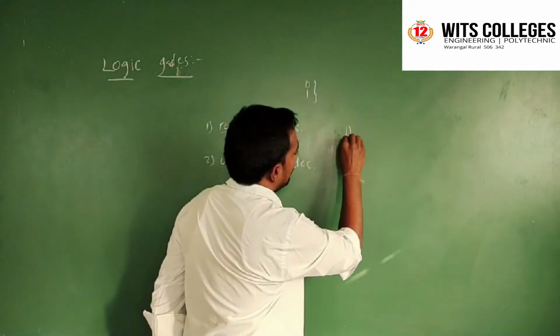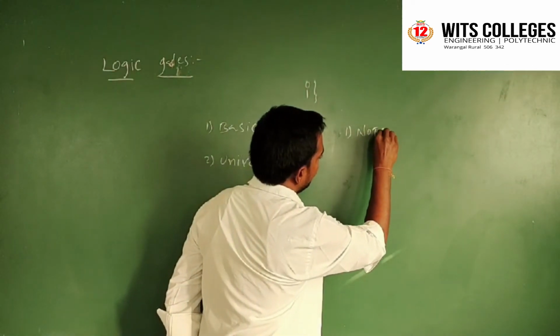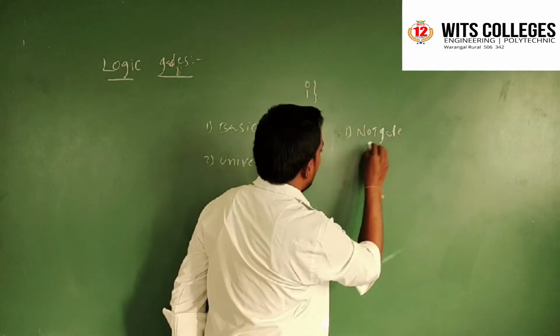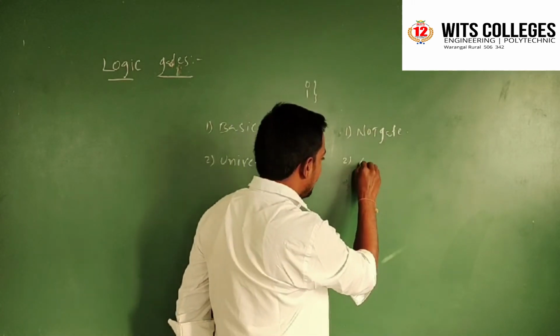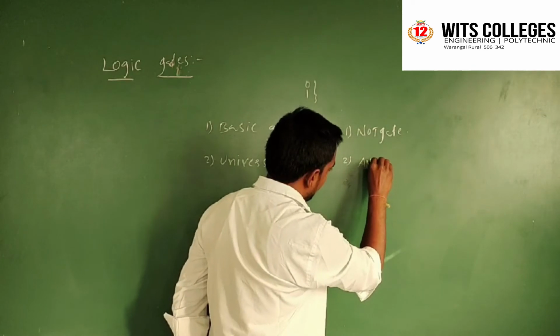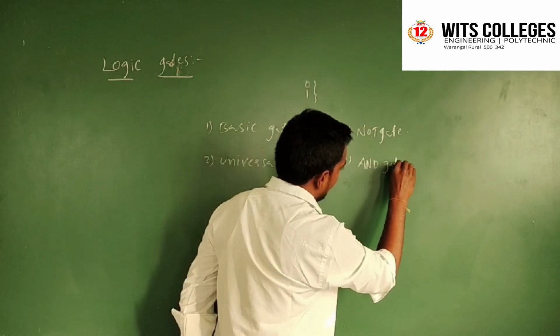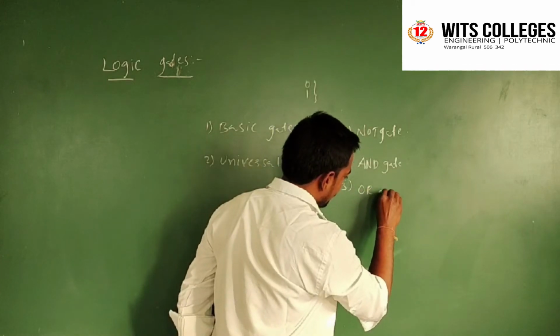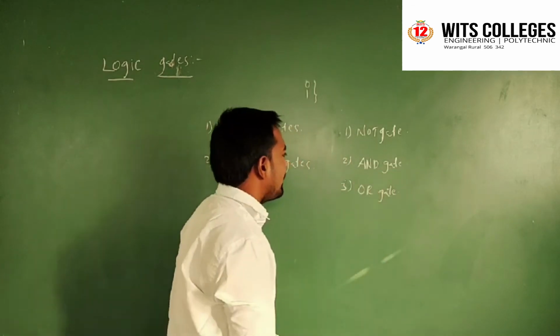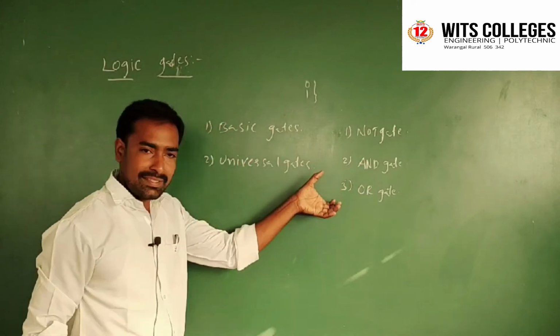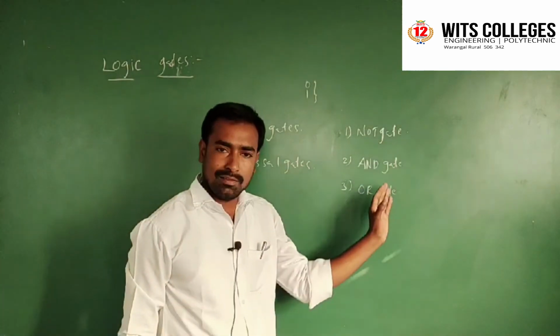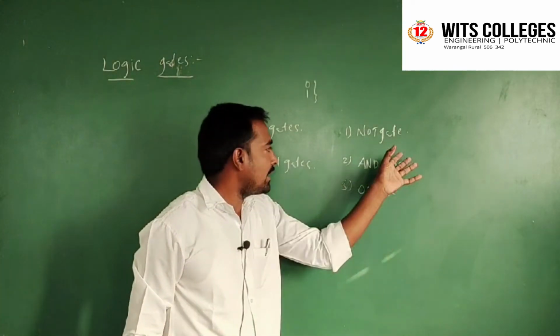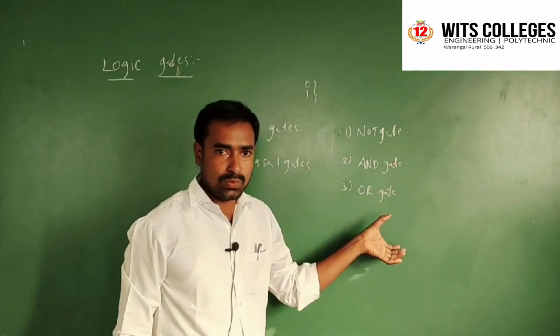First one, NOT gate, second one, AND gate, and third one, OR gate. All these basic gates have a particular logical symbol and also particular truth tables.